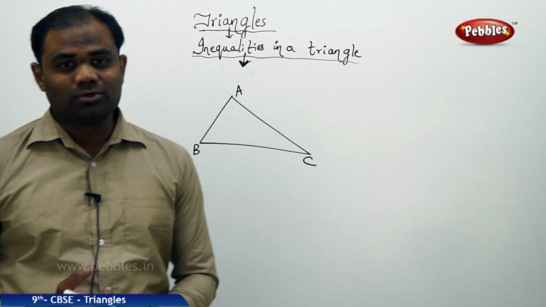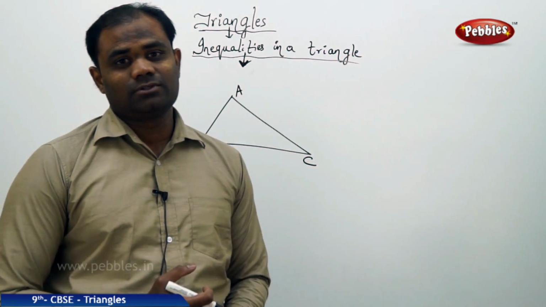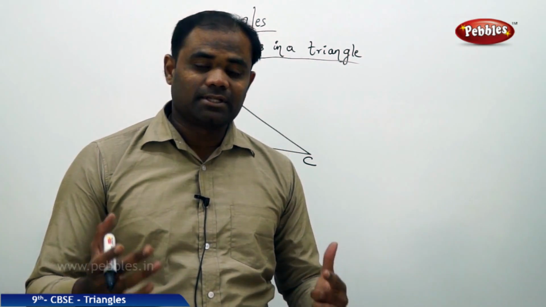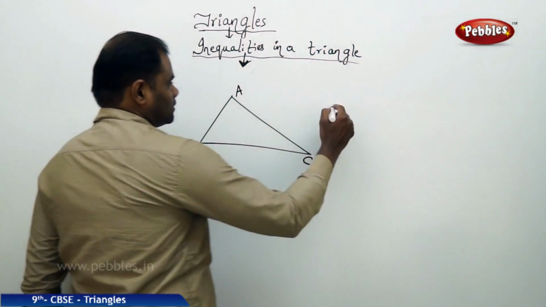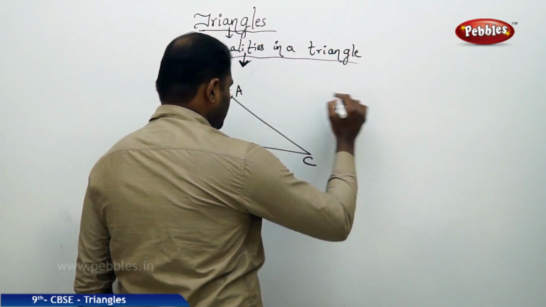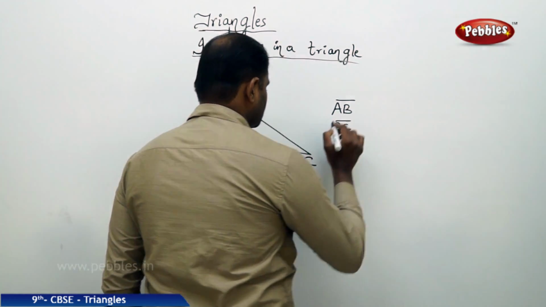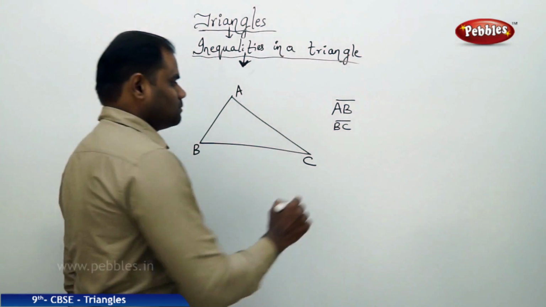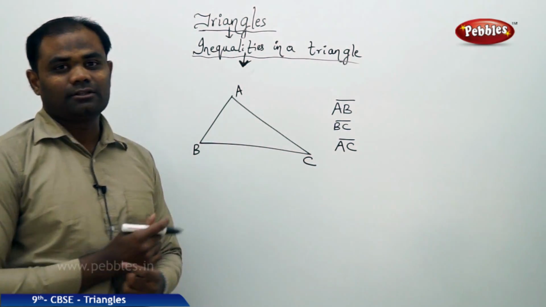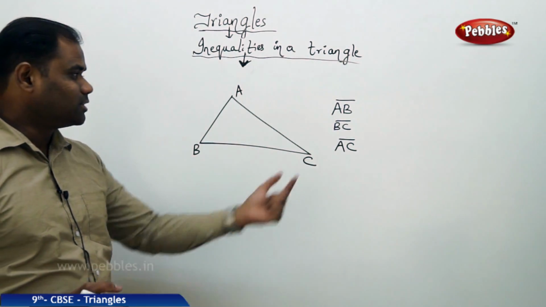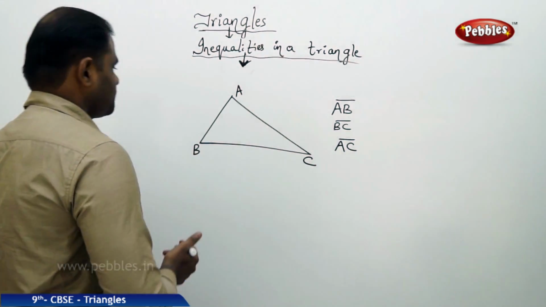This is one of the most important properties among the inequality properties in a triangle. So AB, BC, and AC are the three sides of the triangle. Using these three sides, let's see how the geometrical property connects.